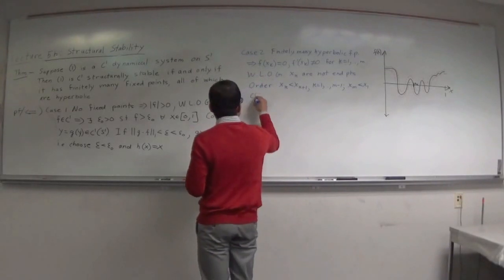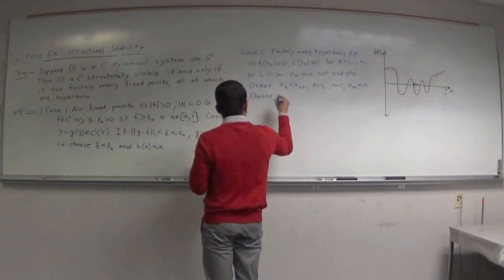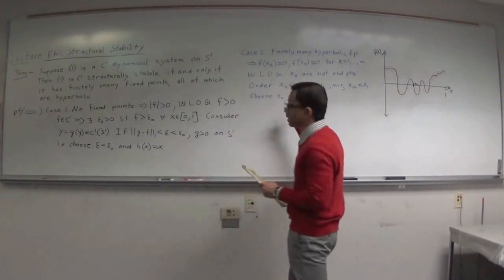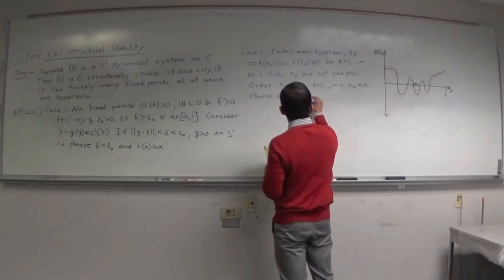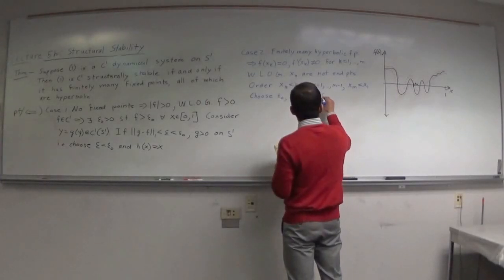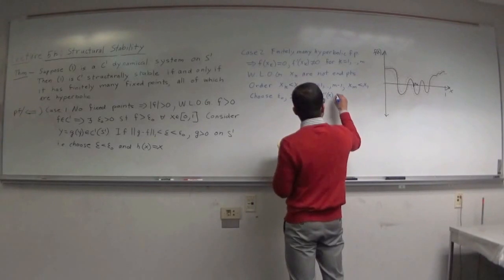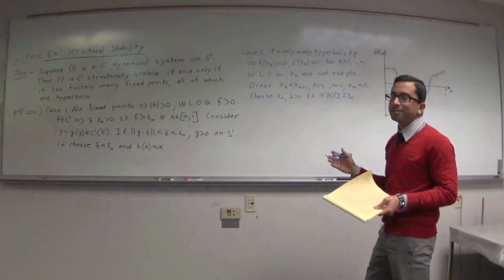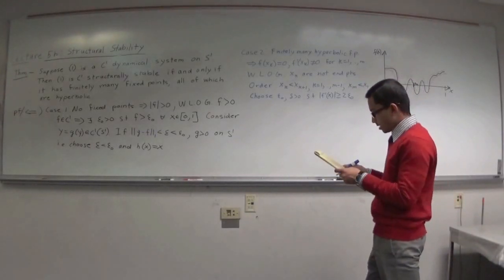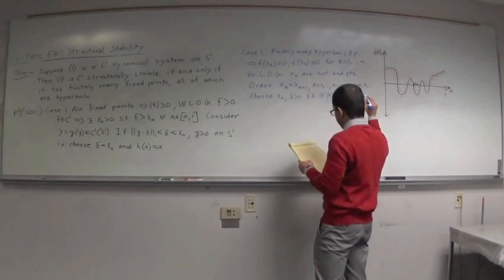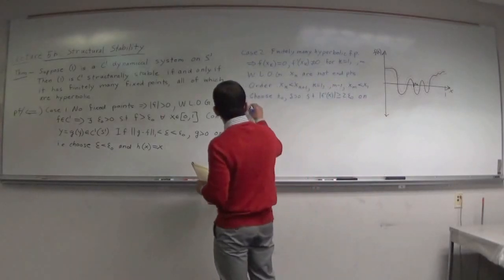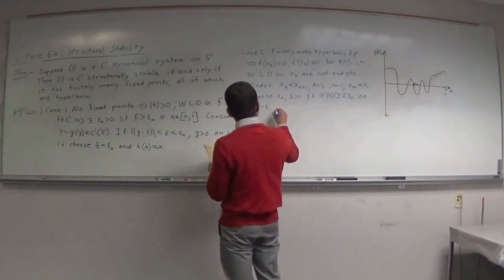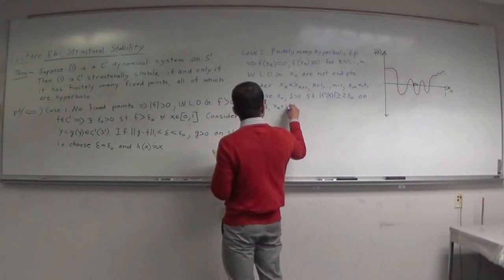And again we're going to choose this epsilon naught and delta greater than 0, such that the derivative of f is greater than or equal to 2 epsilon naught. Why 2 epsilon naught? Well, it comes out in the calculations. This is the case on each interval from x_k minus delta to x_k plus delta.